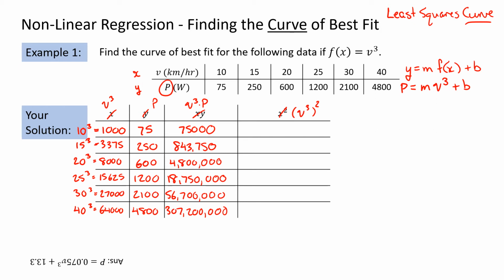So our next one is the v cubed term squared. So it's our first column here, each value squared. For the first, we have 1,000 squared, which is simply a million. Then we have 3,375 squared, which is 11,390,625. Then we have 8,000 squared, which is 64 million.